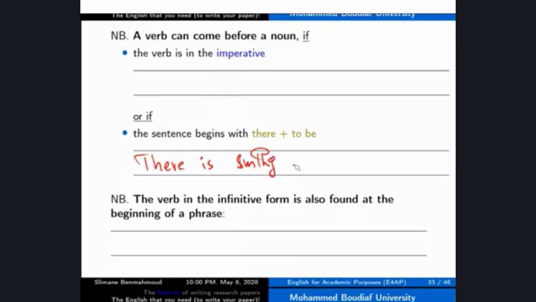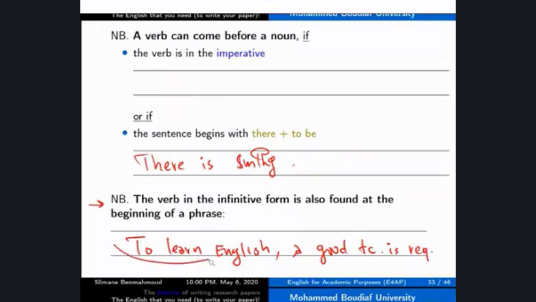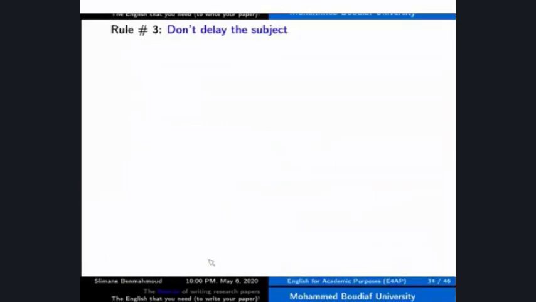Okay, the verb in the infinitive form is also found at the beginning of a phrase. Let me give an example. To learn English, a good teacher is required. Well, here the verb is at the beginning of the sentence.